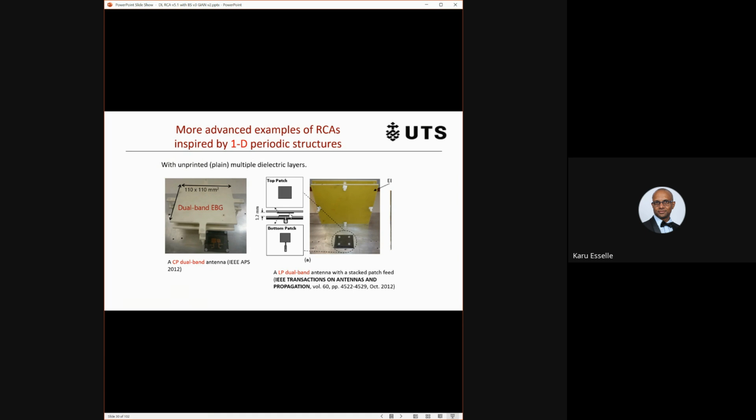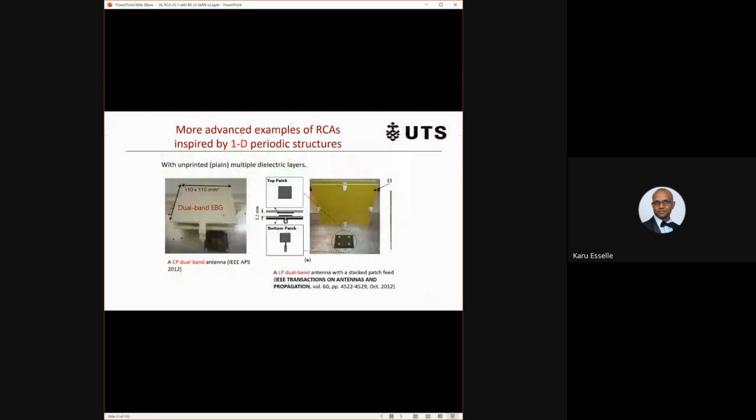They have different dimensions, so they resonate at different frequencies. By tuning the patch dimensions, you can make this operate in 2 distinct bands. It's a very common way to make dual band antennas using the stacked patch microstrip technology. And then we use the RCA to increase its gain and directivity.